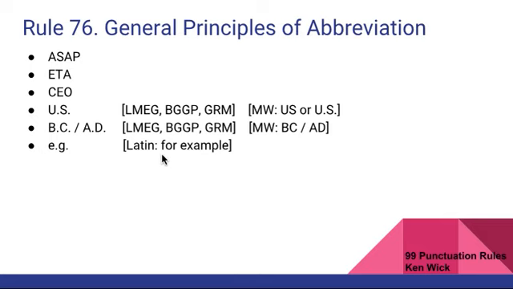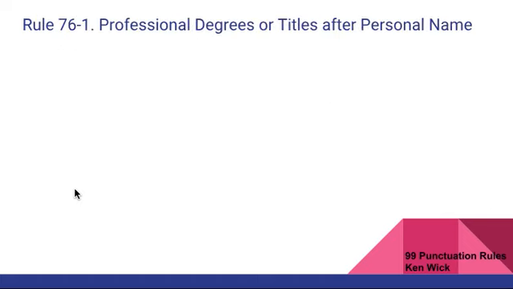E.g., it's Latin for example. It's actually lowercase with the periods, very common abbreviation. And i.e., that's Latin for that is, also another very common lowercase abbreviation. And some other examples: mph, miles per hour.